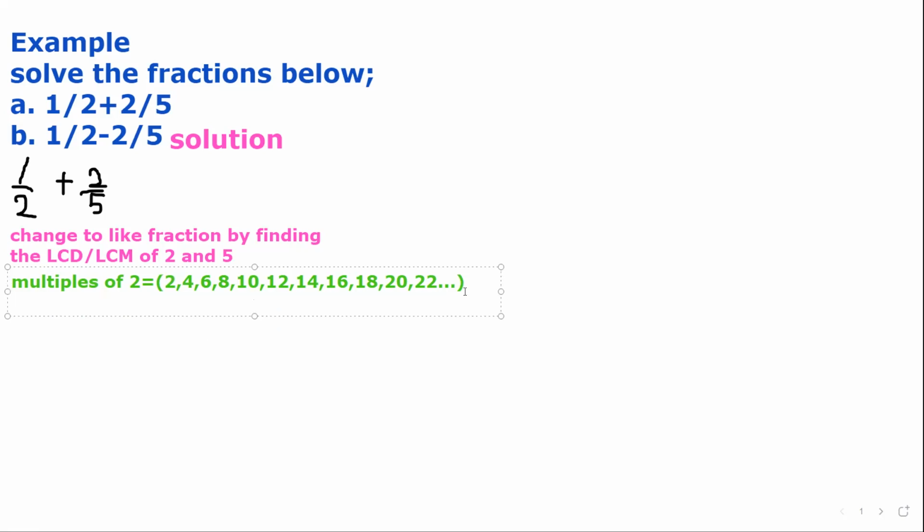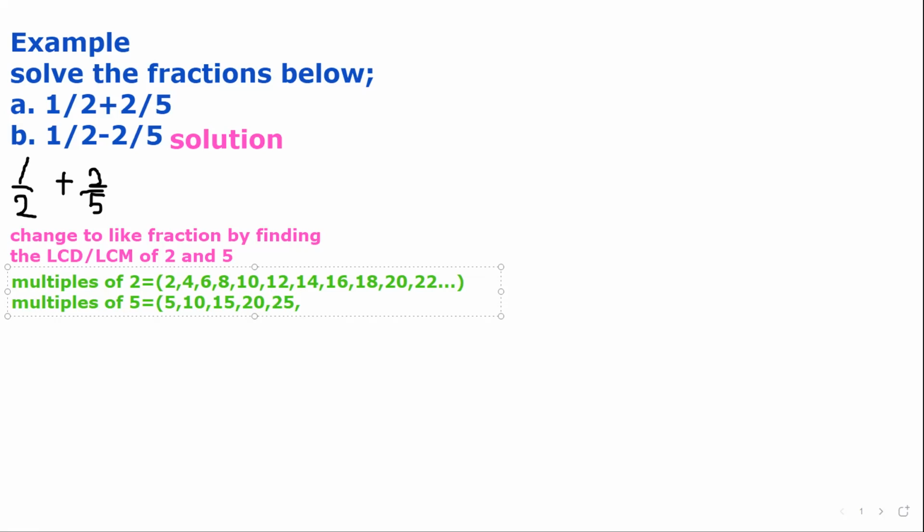Then you list the multiples of 5. Starting with the 5, 5 plus 5 will give you 10. 10 plus 5, 15. 15 plus 5, 20.